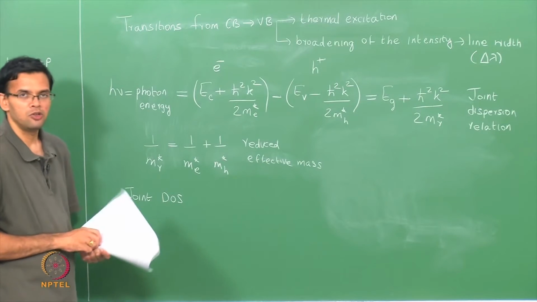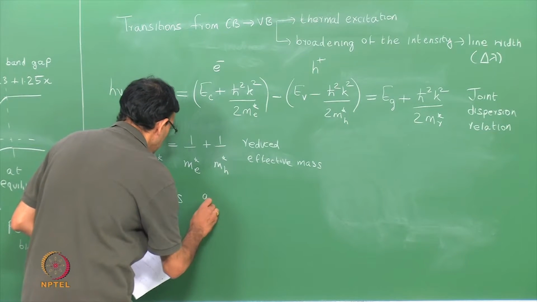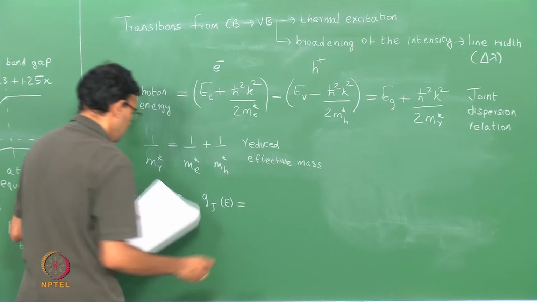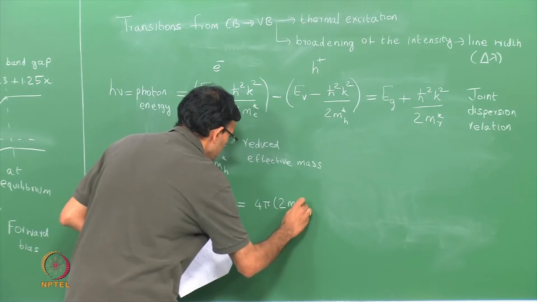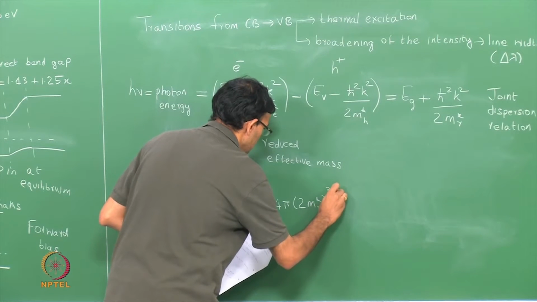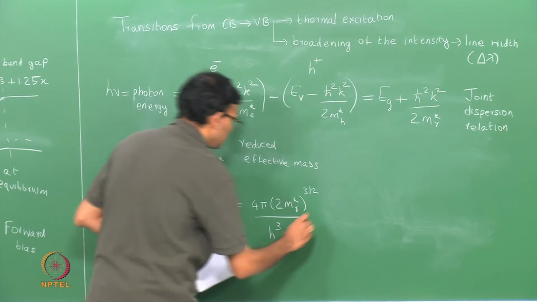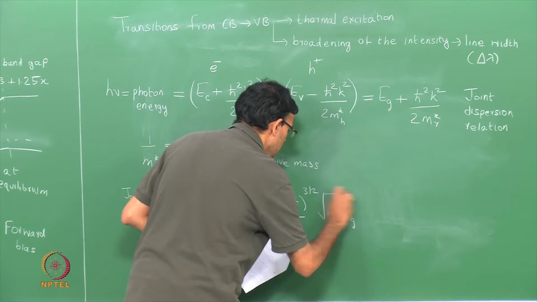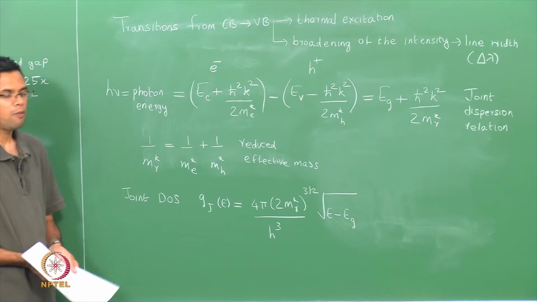You can similarly define a joint density of states. So, again if you assume a solid with a uniform potential, then the joint density of states is 4 pi times 2 m r star over h square to the power 3 halves, times the square root of E minus E g. We also need the occupation probability.